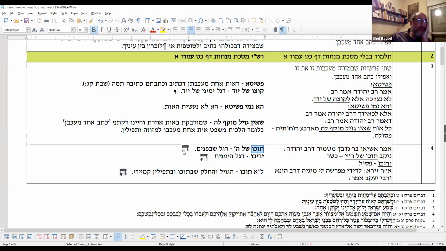And I've made like a little gray area here. That's the nekev. So let's say, to begin with, there was a full nekudah here. There was a full stroke.